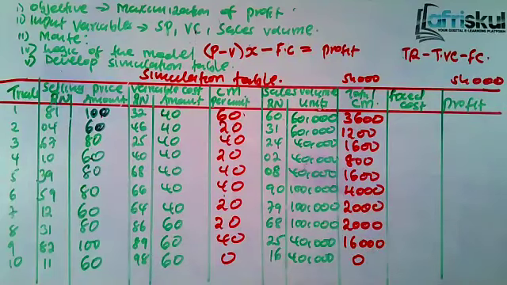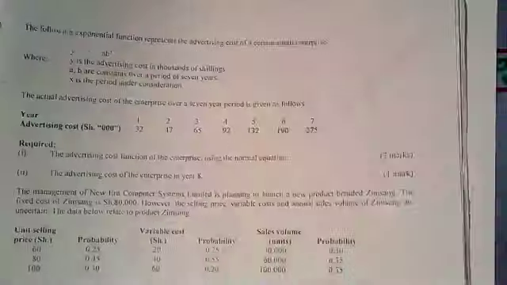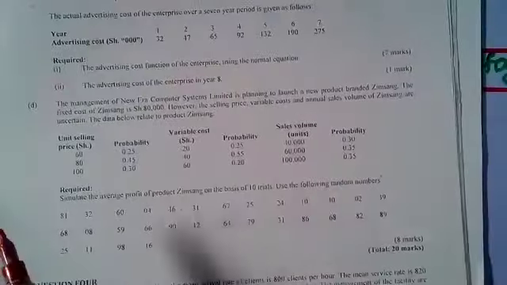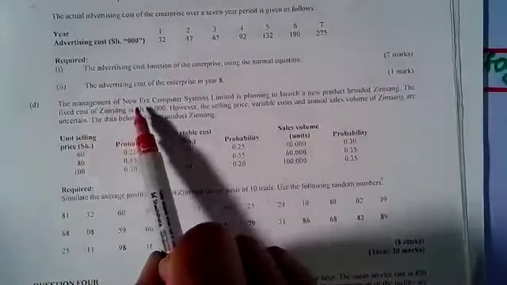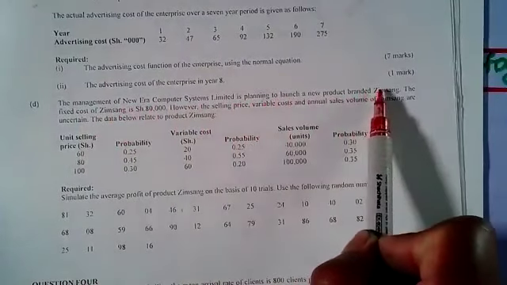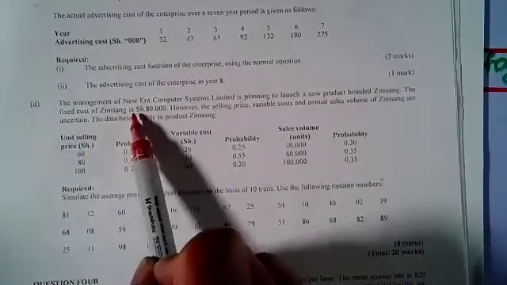Then you deduct the fixed cost, which you will be given. The management of New Era Computer System Limited is planning to launch a new product branded Zimsang. The fixed cost of Zimsang is 80,000.